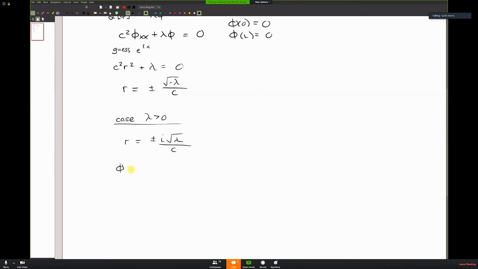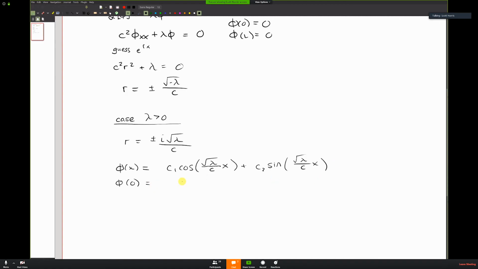That gives us phi of x is c1 cosine root lambda over c x plus c2 sine root lambda over c x. And then we have our first Dirichlet condition, phi of 0.